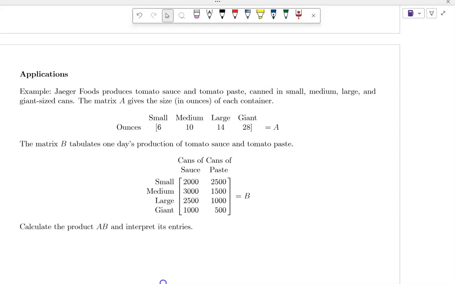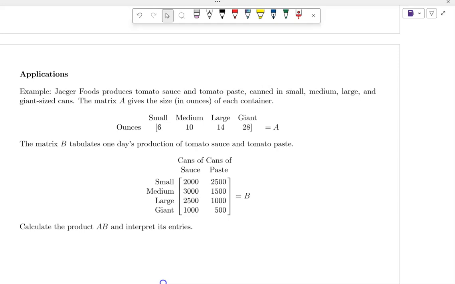The other tells you how many cans of each sauce and paste are made each day. Then it asks you to calculate the product and interpret the entries. First, notice it says calculate the product AB. Could you do the product BA? No, the sizes aren't right. The only product we can do is AB.